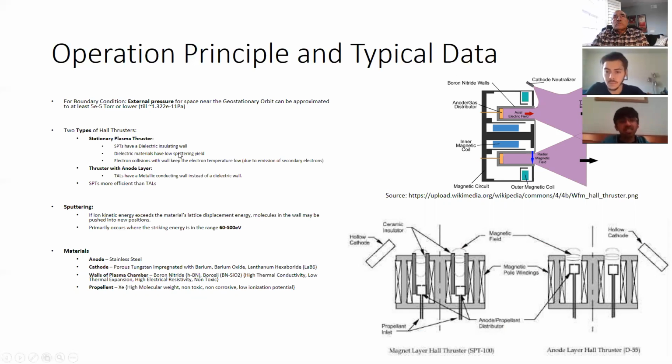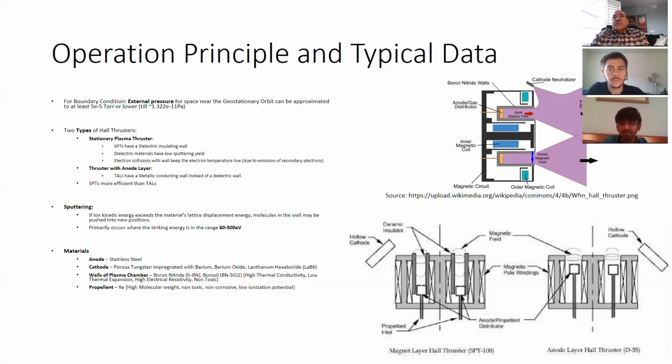Hence, they are majorly used in the BPT 2000, 4000, and SPT 100. They were all stationary plasma thrusters. So you would be using a dielectric material to model that wall in COMSOL.